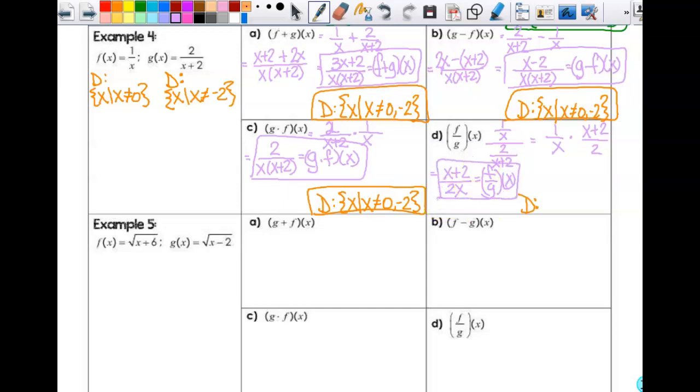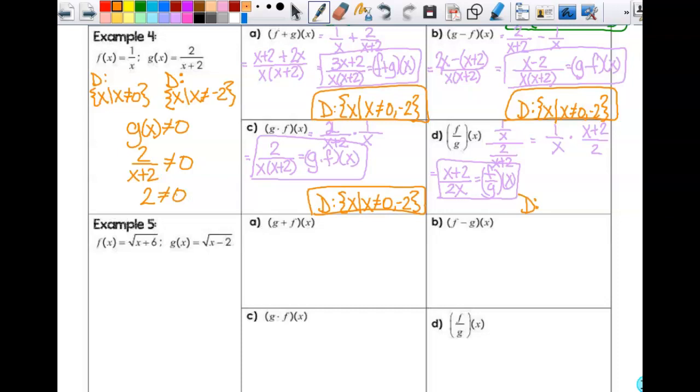Now I have to revisit my domain, right? g of x, because that was my denominator, right? g of x cannot equal 0. So 2 over x plus 2 cannot equal 0. So to solve that, I'm going to multiply both sides by x plus 2. I get that 2 cannot equal 0. Is that a true statement?